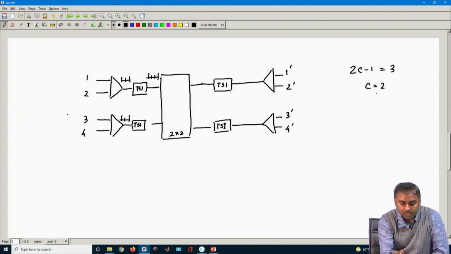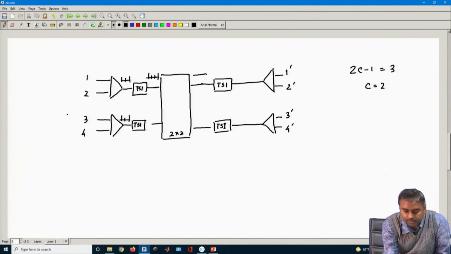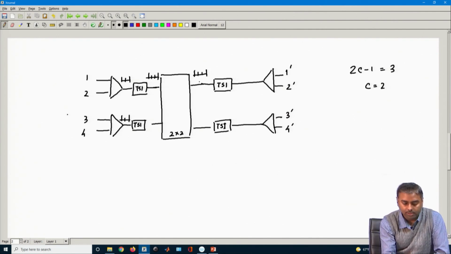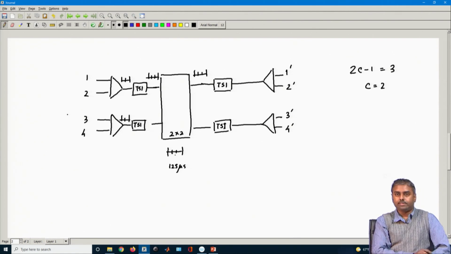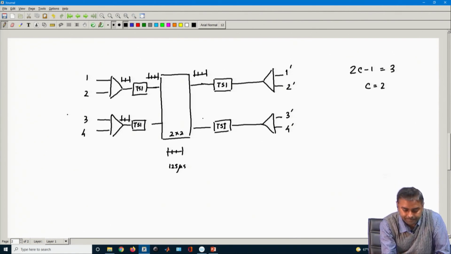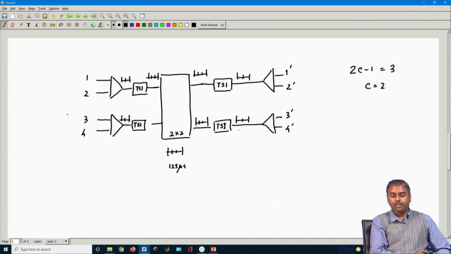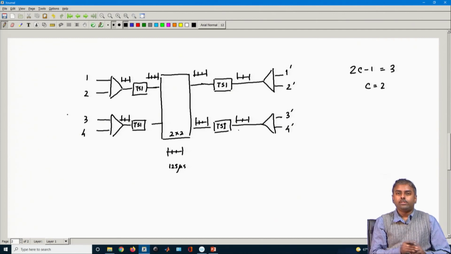So, I put 3 slots over here. At the space switch output also I put 3 slots. So, basically the space switch has now, within 125 microsecond, 3 switching options. And then from there 2 slots. So, the TSI is a little tilted now, it is not symmetric.